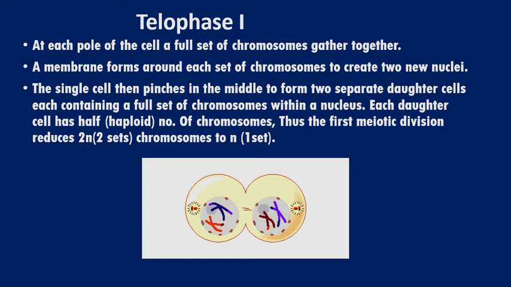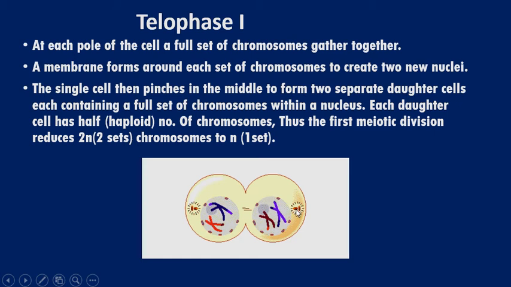You can see here the nuclear membranes are reformed, and on completion of nuclear division the cytoplasm also divides. Here you can see the cytoplasm also divides and two daughter cells are formed. So two daughter cells, one cell is this and the other one is here.